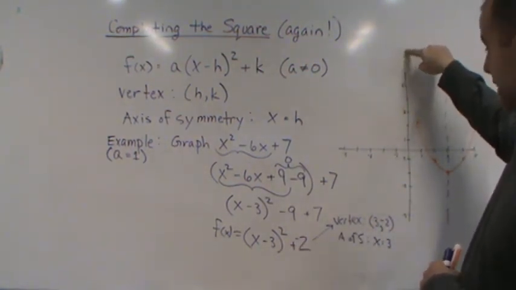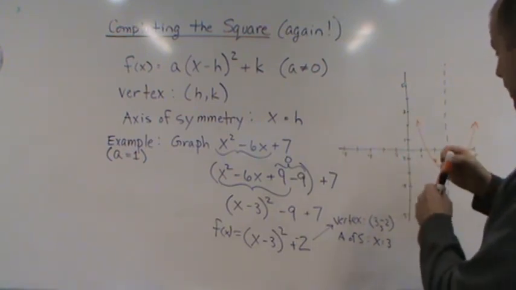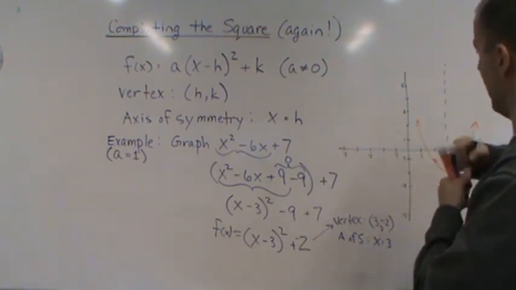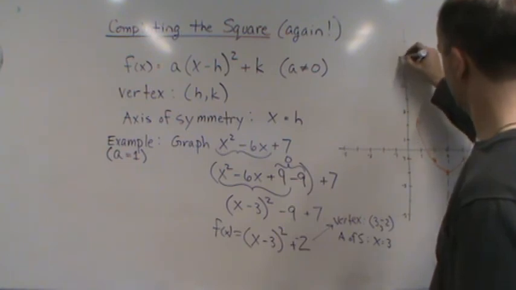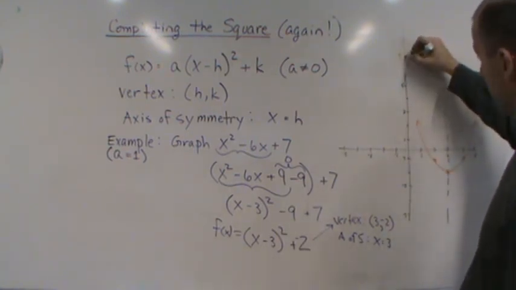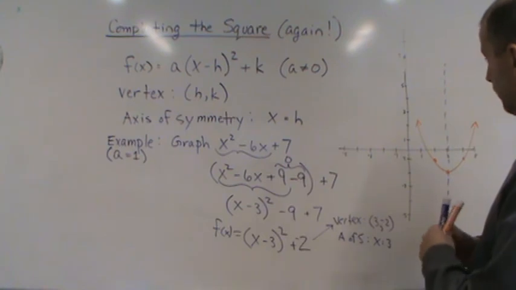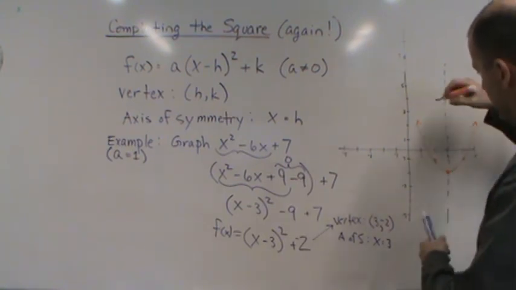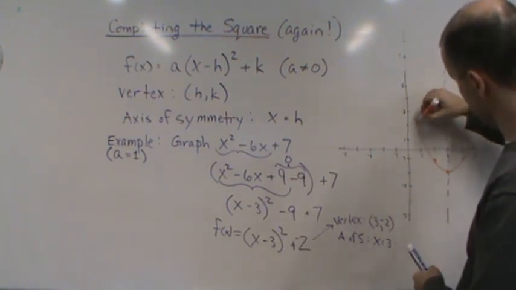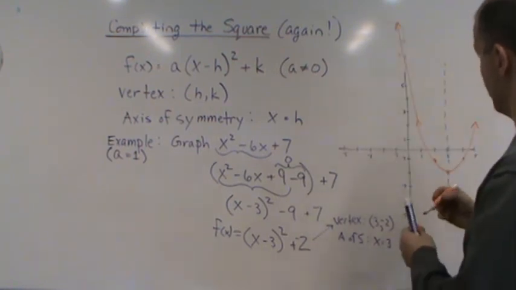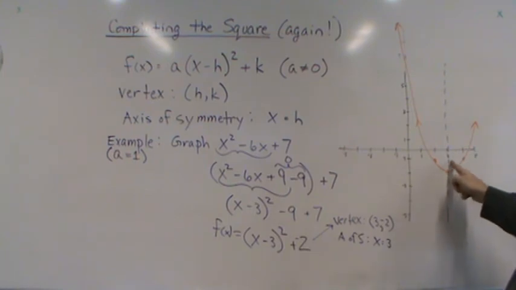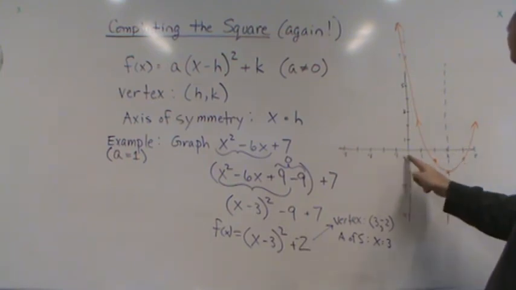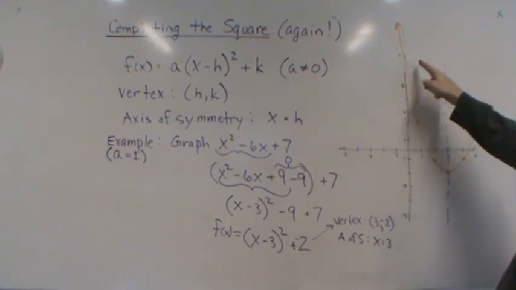And so I can plot the intercept. Well, guess what? The y-intercept is up here at 7, right? So if it crosses here, so let's extend this out. Then guess what? If I know the axis of symmetry is at x equals 3, and I know this is 3 units from the y-intercept, well, guess what?